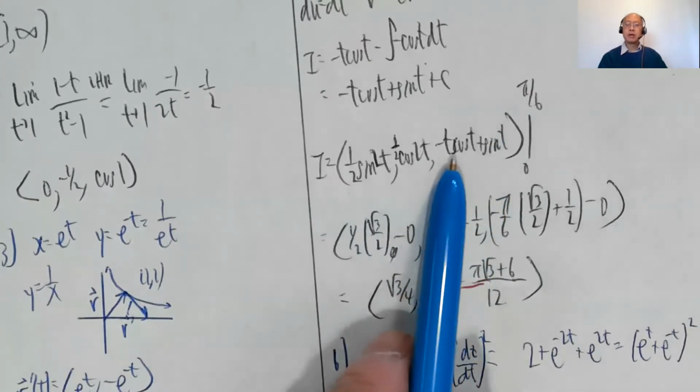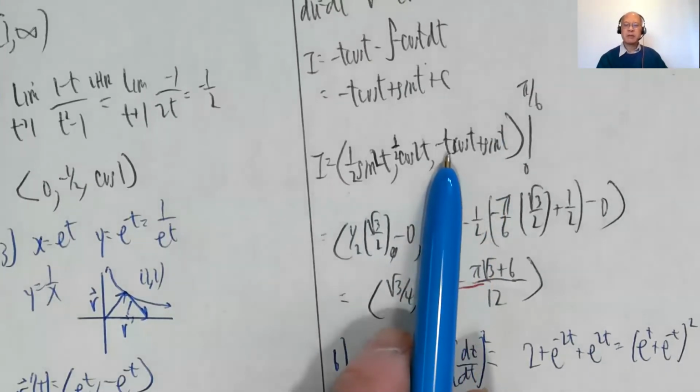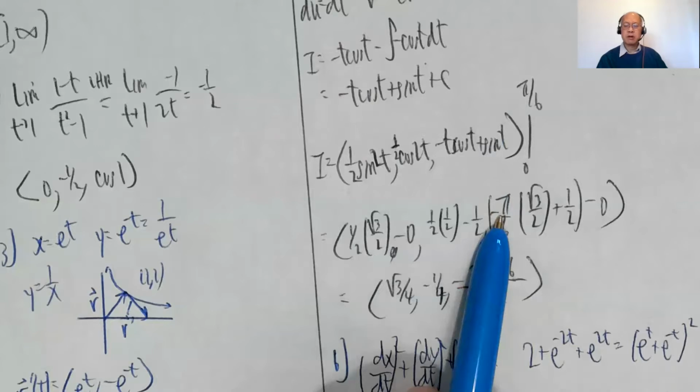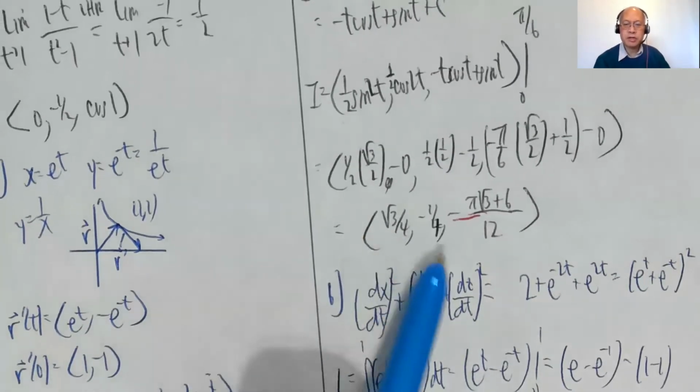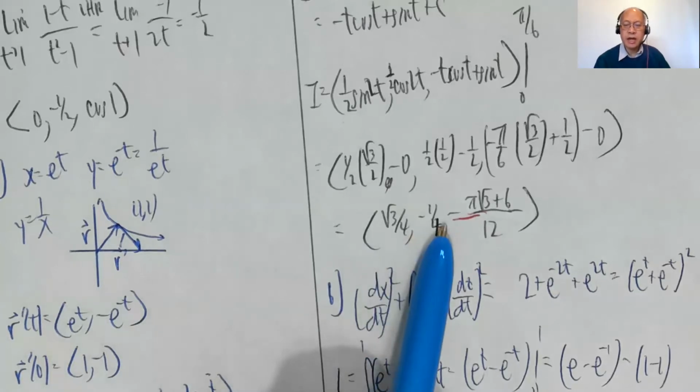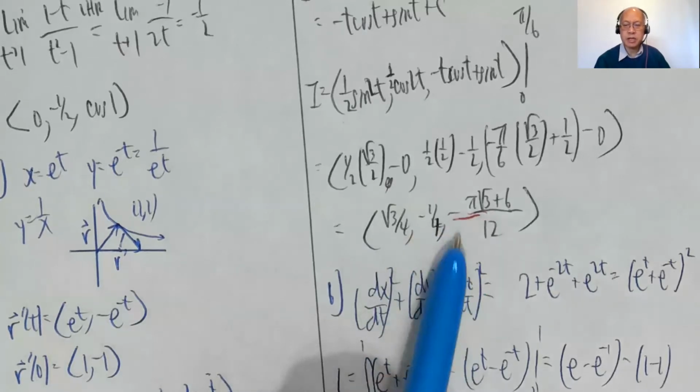And then the z component, negative pi over 6 times cosine pi over 6, which is radical 3 over 2, plus sine of pi over 6, which is a half, minus 0 plus 0. So radical 3 over 4, negative 1/4, and negative pi times radical 3 plus 6 all over 12.